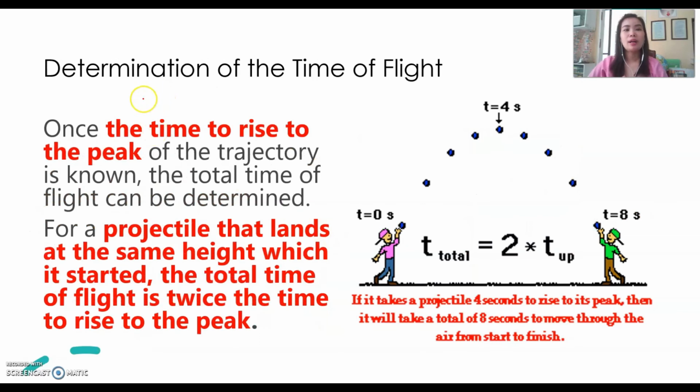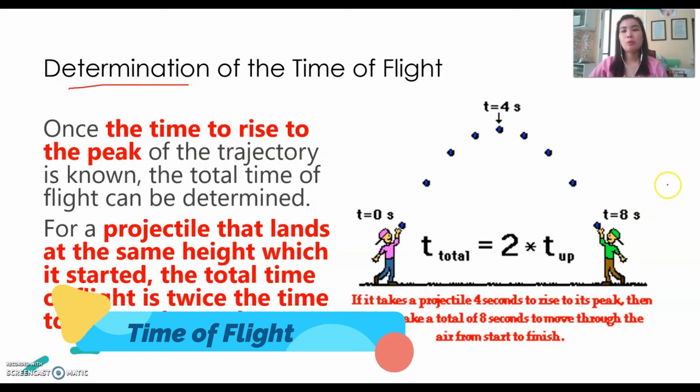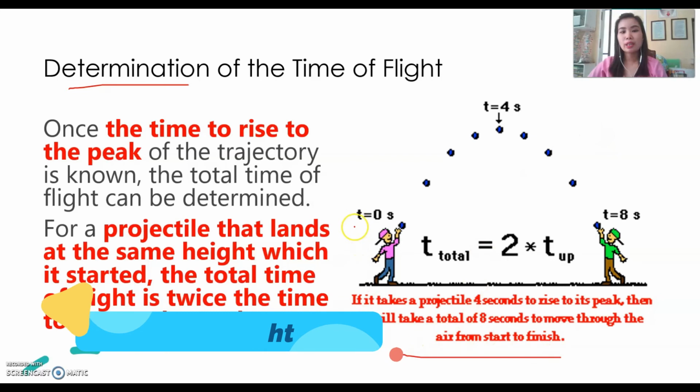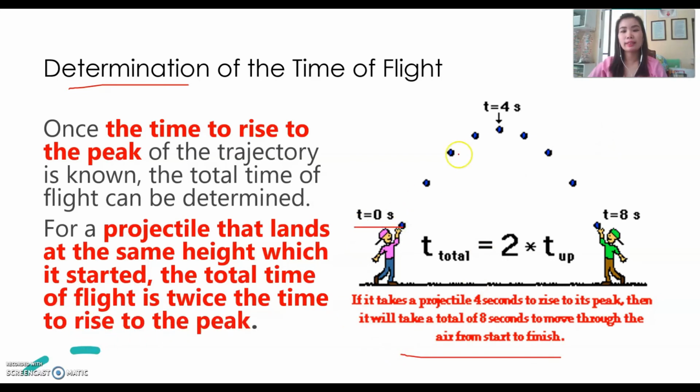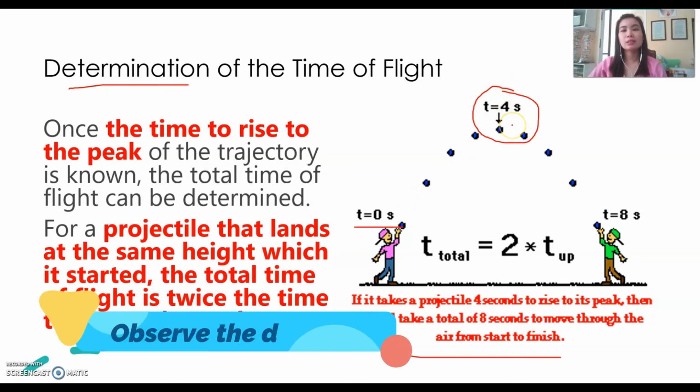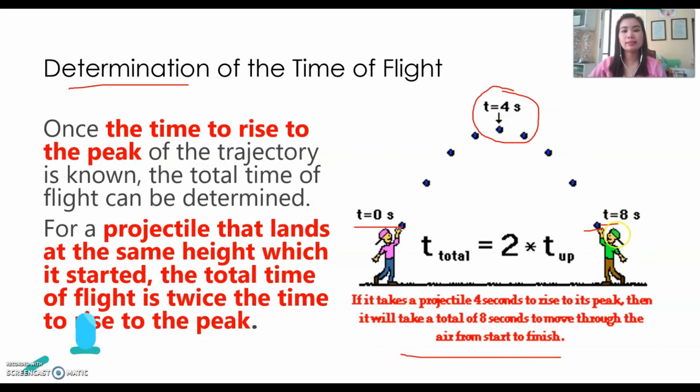Now, let's check the time of flight. In the diagram, time starts at 0 seconds. At the highest point, it is 4 seconds. And after that, we have 8 seconds at the catch. So the total time is equal to 2 times the time up.